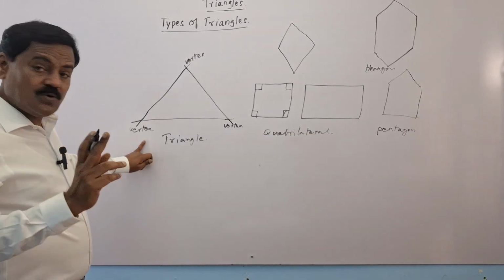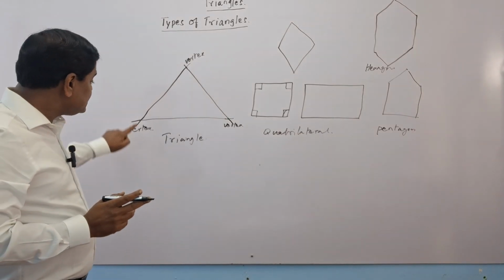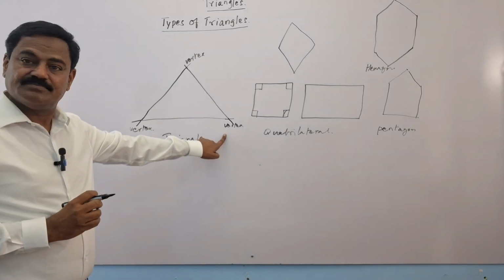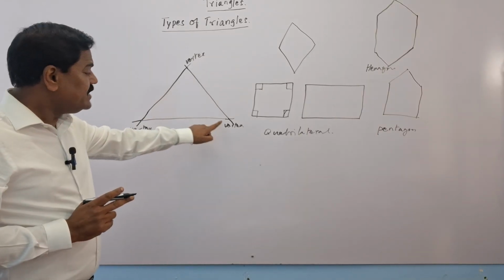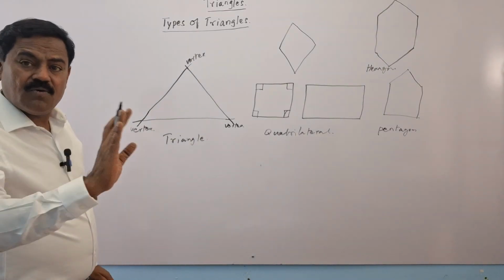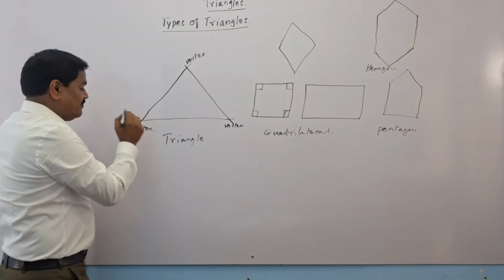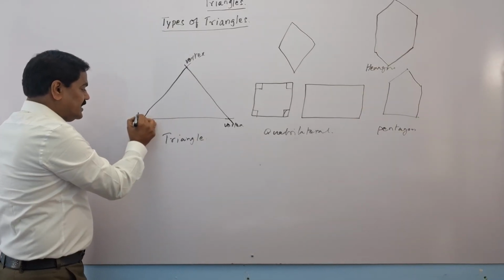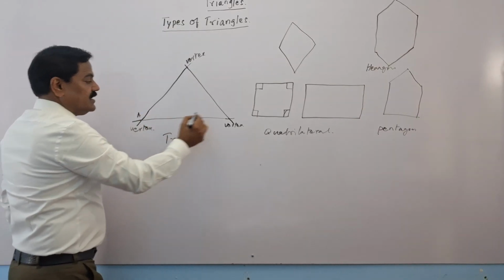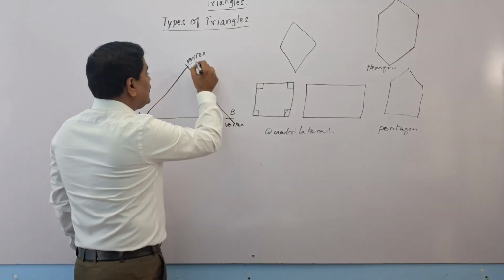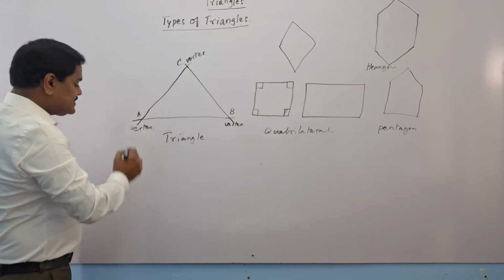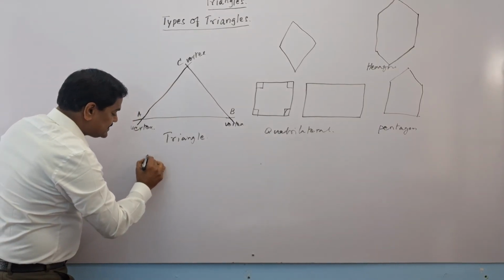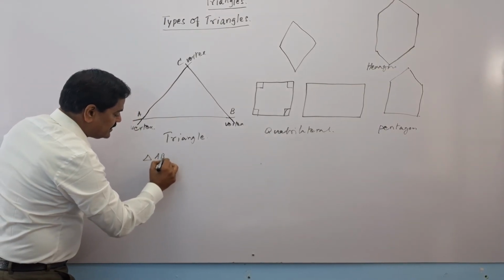So a triangle will have three sides and three vertices. Now let us name these vertices. Here A, here B, and here C. Now this triangle is called triangle ABC.